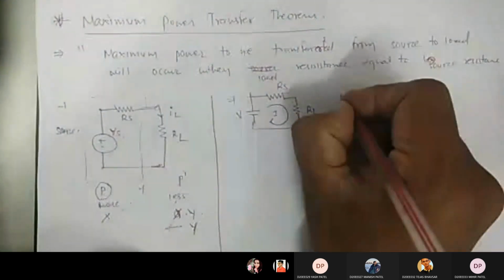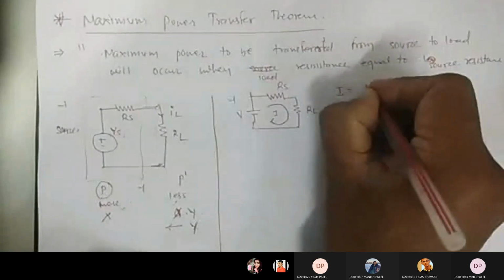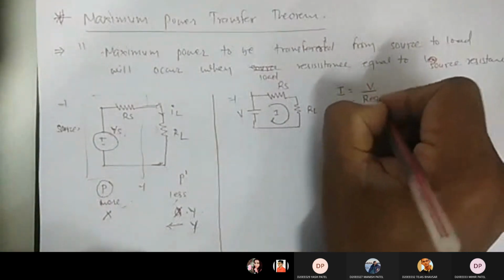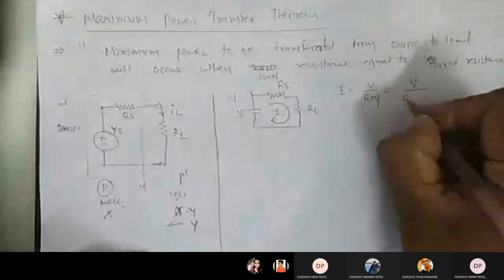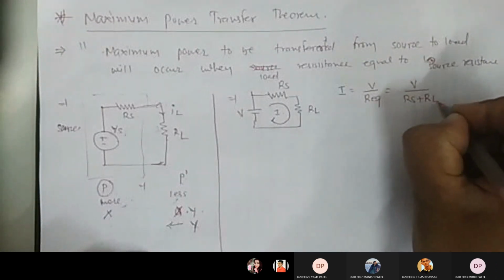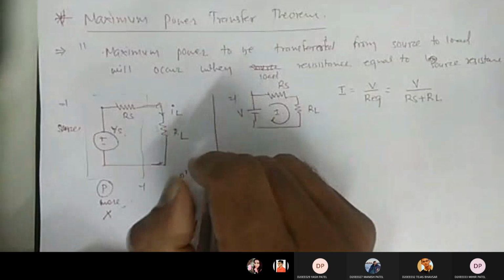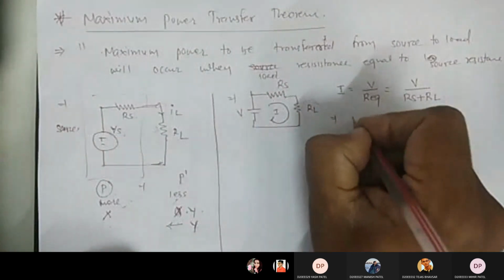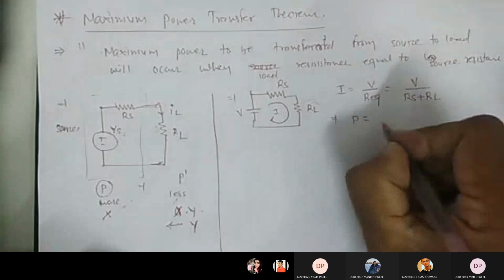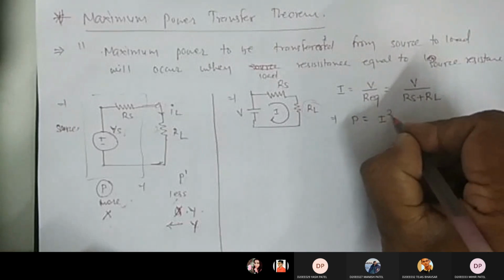Okay, so what will be the equation of I? I is equal to V upon R equivalent. These two are in series, so it will be V upon RS plus RL. What will be the power dissipated in this RL? P is equal to what? I square into RL.